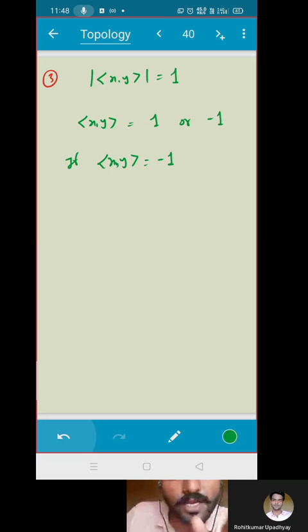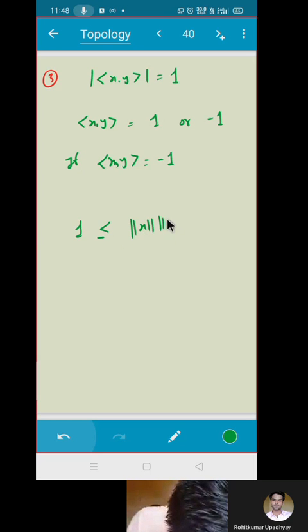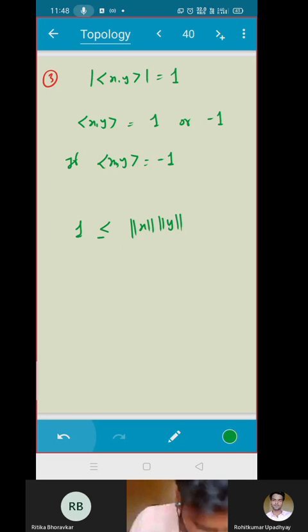Now, if you are given inner product of xy equal to -1, what is the thing you should understand here? That means you want to prove something, 1 is less than or equal to norm x, norm y. Correct?